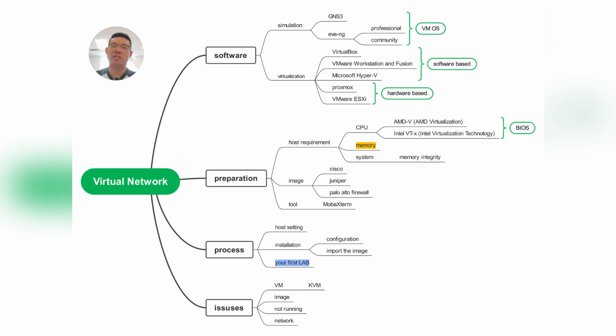After that, we have to ensure the memory. Memory is the most important thing for us, because if you don't have enough memory, maybe you can only use one or two virtual devices like Cisco or a firewall, only one, because one firewall needs 8 gigabytes.